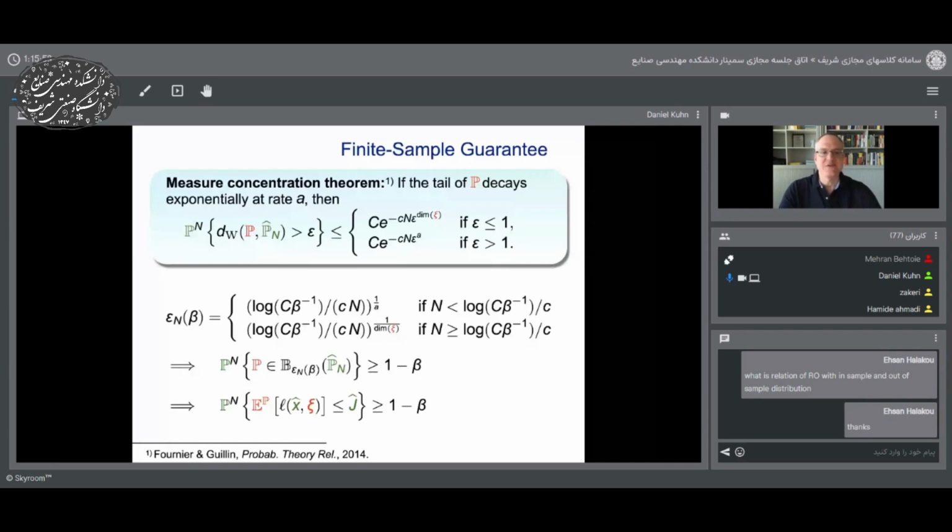What this means is that if we have a Wasserstein ball of radius epsilon around the empirical distribution, then the probability that the true distribution, which we do not know, is not in the ball is very small, exponentially small in n and epsilon. So we would like to choose an epsilon such that the true distribution is inside the ball with a fixed probability of at least, say, 1 minus beta, where beta is a small number, like 1% or maybe 5%.